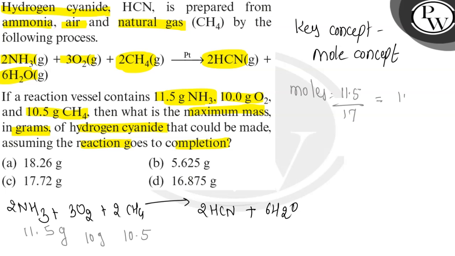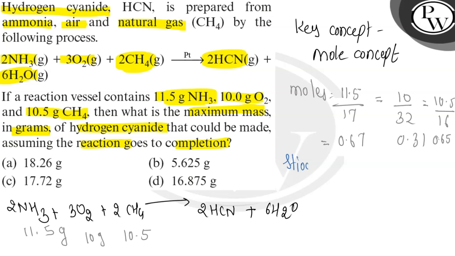Next O2 का 10 डिवाइड बाय 32 and CH4 का 10.5 divided by 16. So moles of ammonia 0.67, moles of O2 0.31, moles of CH4 0.65. इसमें से हम स्टोइचियोमेट्री निकालते हैं.